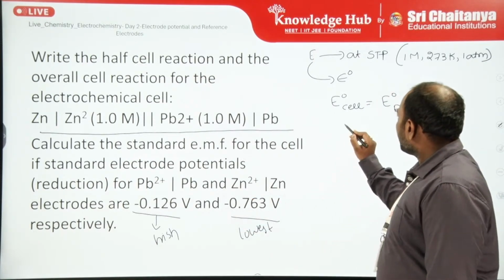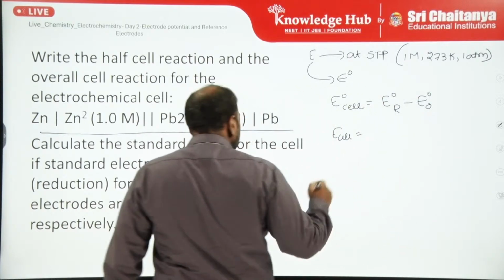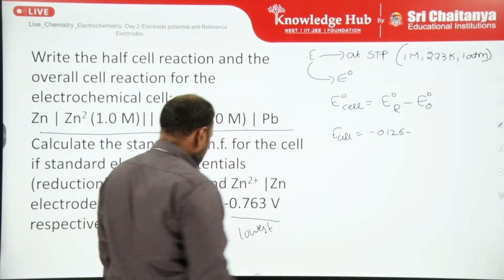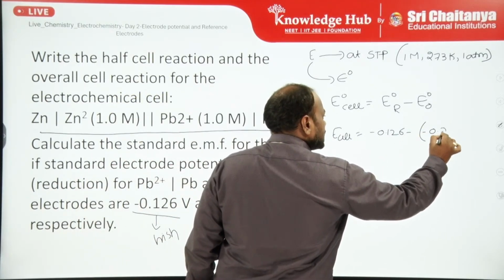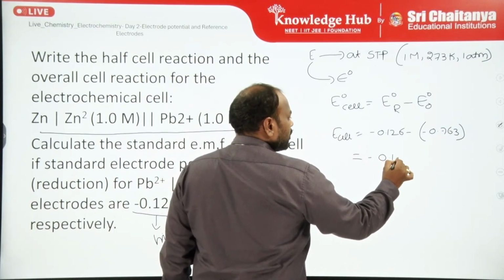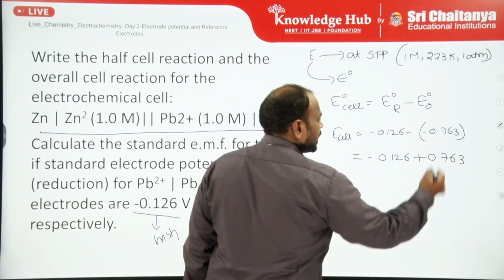So what we get here: electrode potential of cell is equal to minus 0.126 minus of minus 0.763. So minus 0.126 minus of minus becomes plus 0.763.